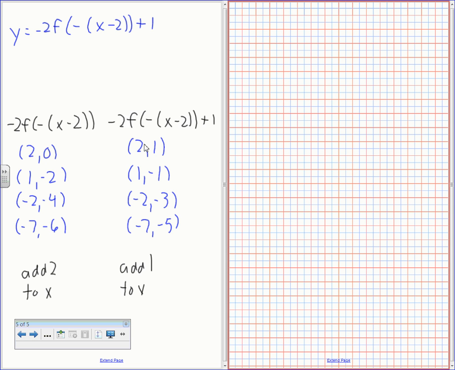All right, so I need to get to -7. I need to get down to -5. So I'll do something like this. Everybody get that line right? Okay, so there's my y. There's my x.